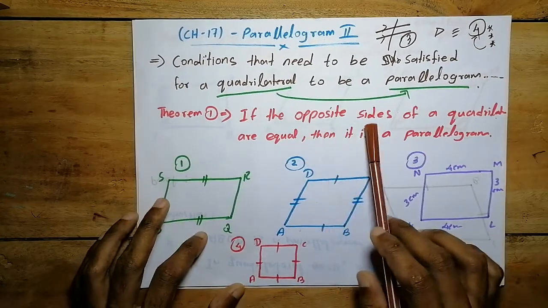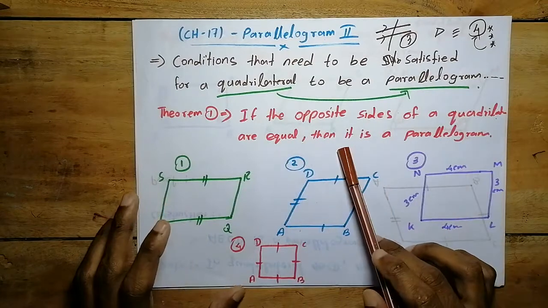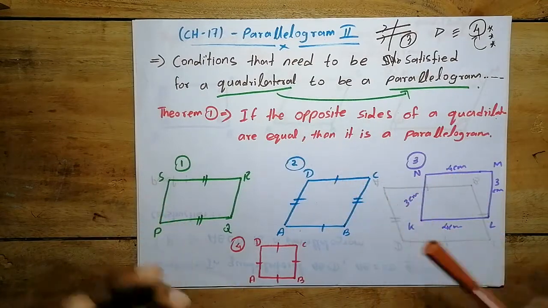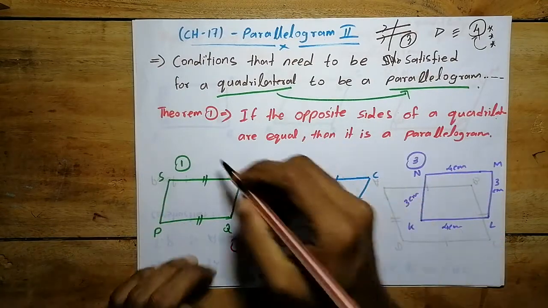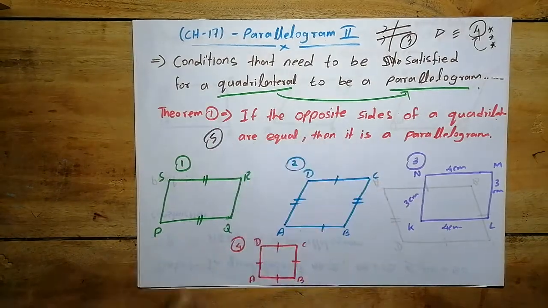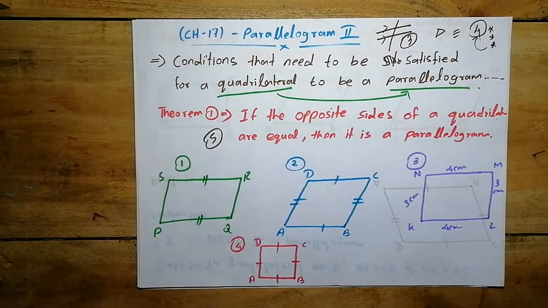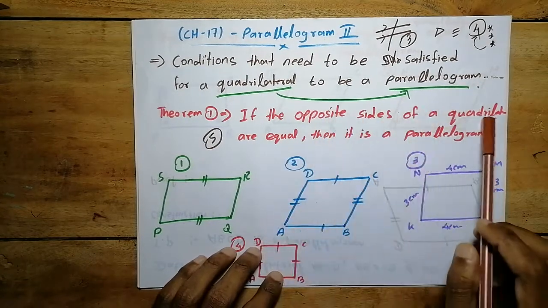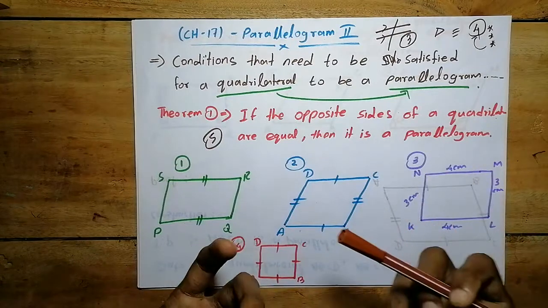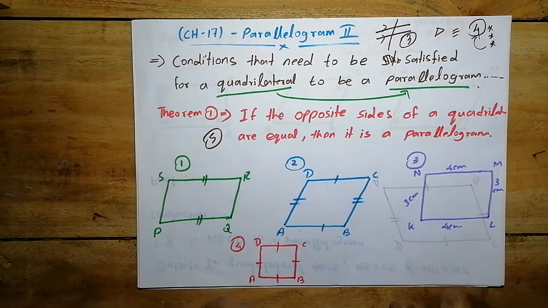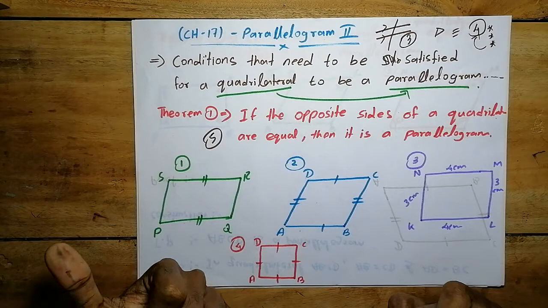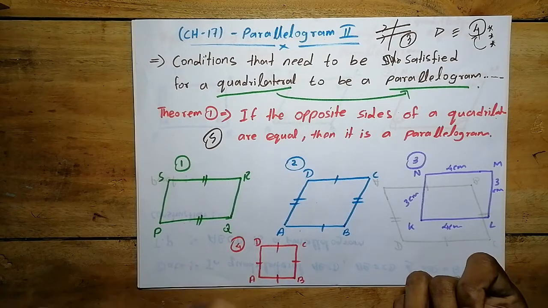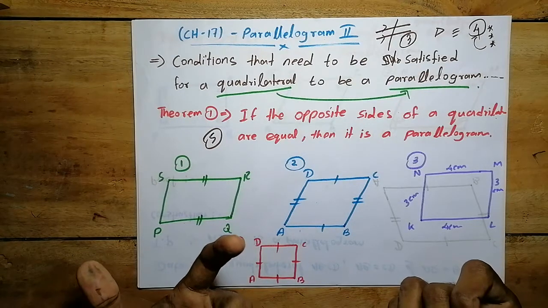Basically, if the opposite sides of a quadrilateral are equal, then all the characteristics, all 5 we are studying, can be inside that quadrilateral. If the opposite sides are equal, we can check the opposite angles are equal, we can prove it. The diagonals bisect each other, we can prove it.